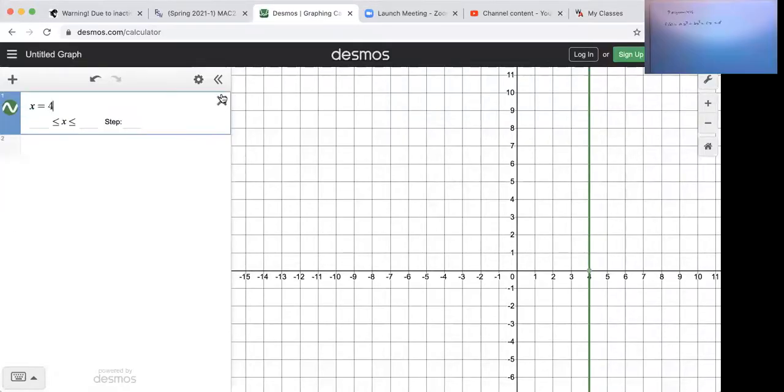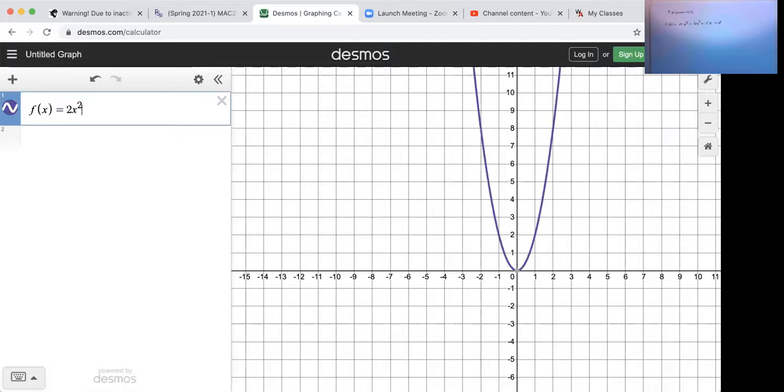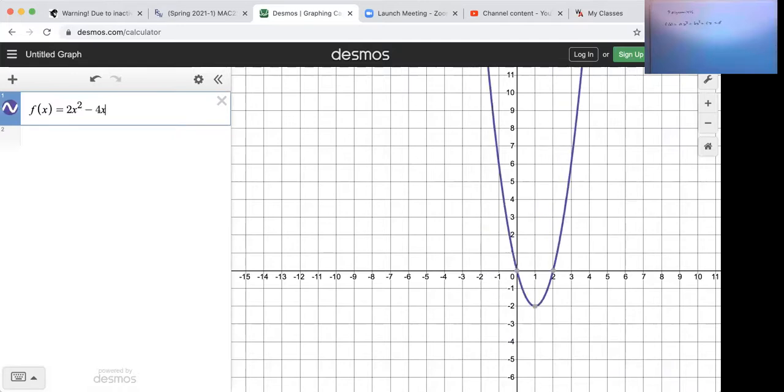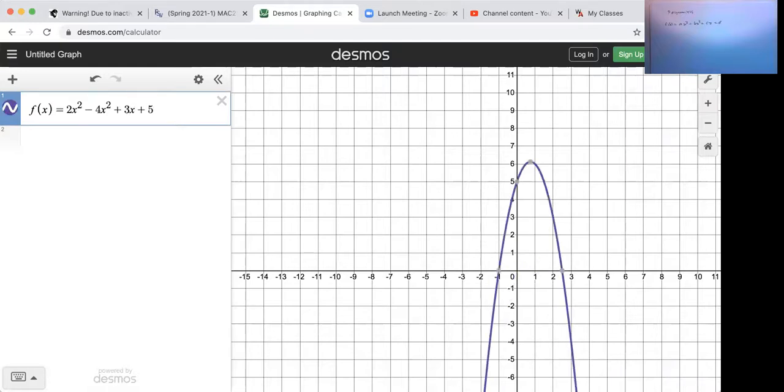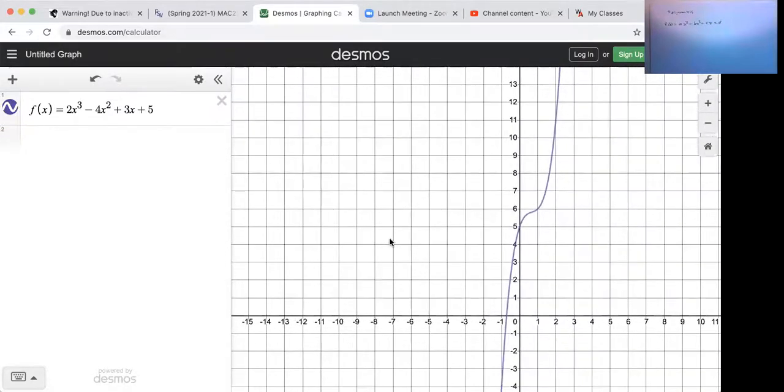So let's take a look at a graph. If I just pick a polynomial like this, f of x is 2x cubed minus 4x squared plus 3x plus 5. It's supposed to be a cube. That's a polynomial. There are no breaks. There are no breaks anywhere. I can change it up.